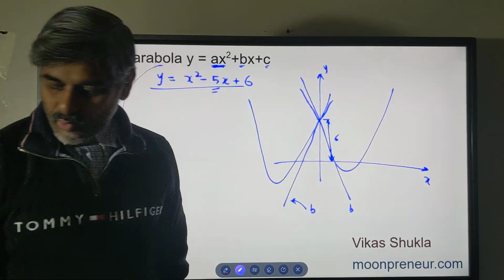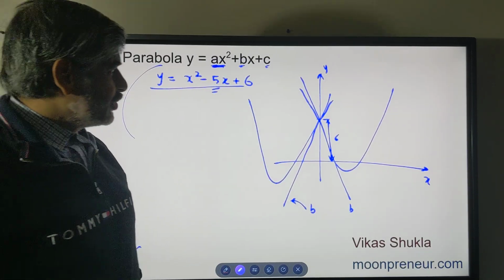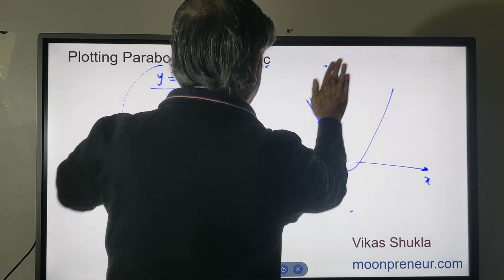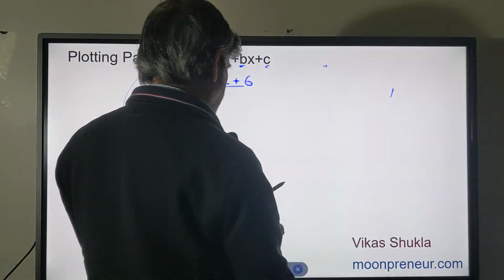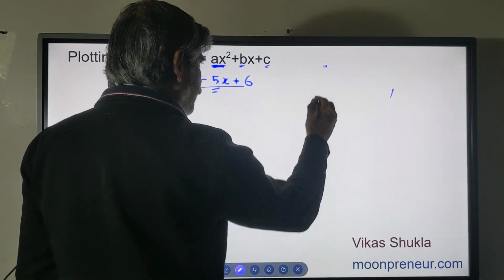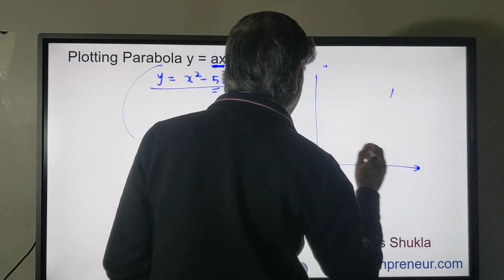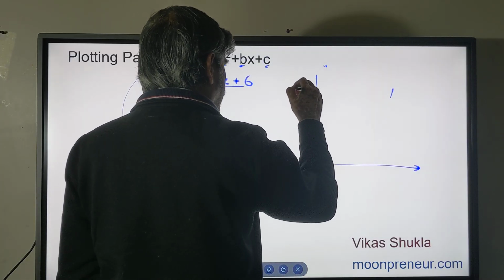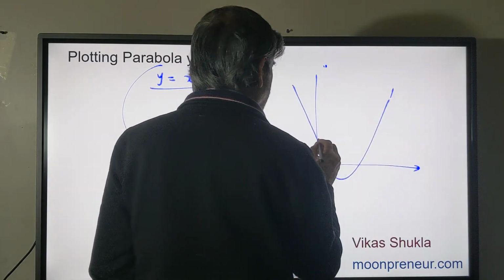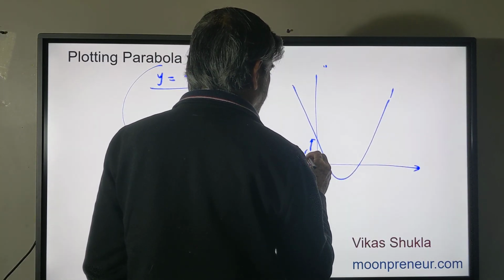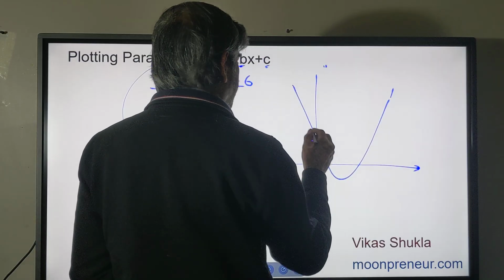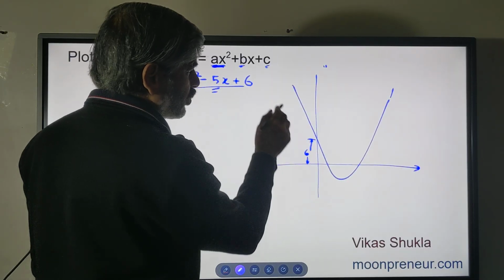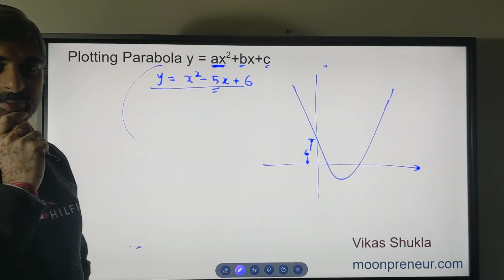So overall, this must be our line, it must look something like this. And here we know that if I draw a tangent, the slope of that tangent is negative. That is given by this one.